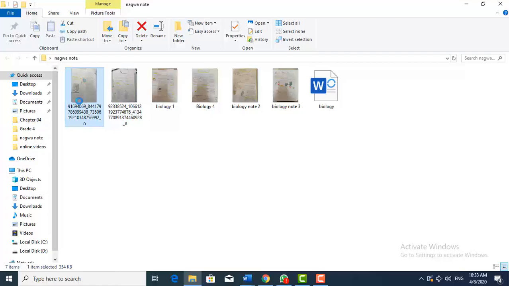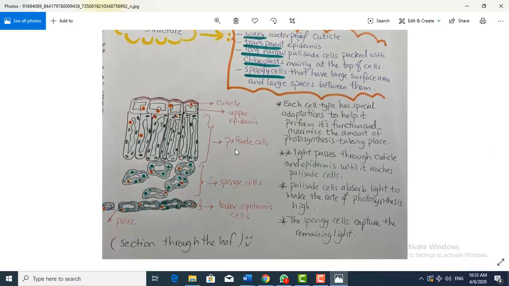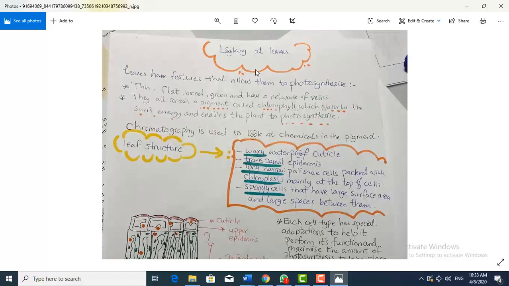Now we move to this lesson, which is looking at leaves. The leaves have features. What does it mean? That means they have a specific look that allows them to photosynthesize.